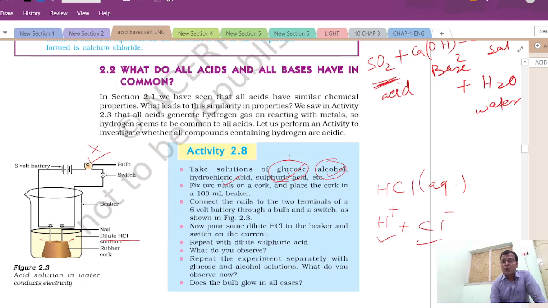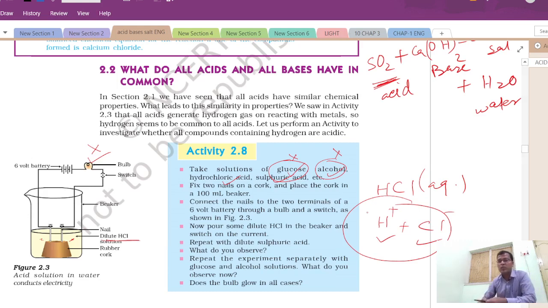Therefore, glucose will not conduct electricity, alcohol will not conduct electricity, because they do not dissociate into ions. Remember the word, they do not dissociate into ions. This is called dissociation. Dissociation means breaking. They cannot break into ions.